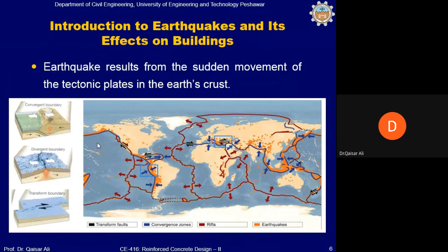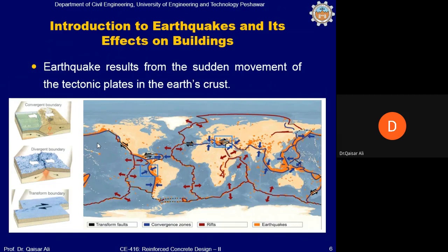The Earth is composed of several plates, about 7 big plates, and then there are many small plates, and the plates are moving. The lithosphere part of the crust is moving above the asthenosphere.